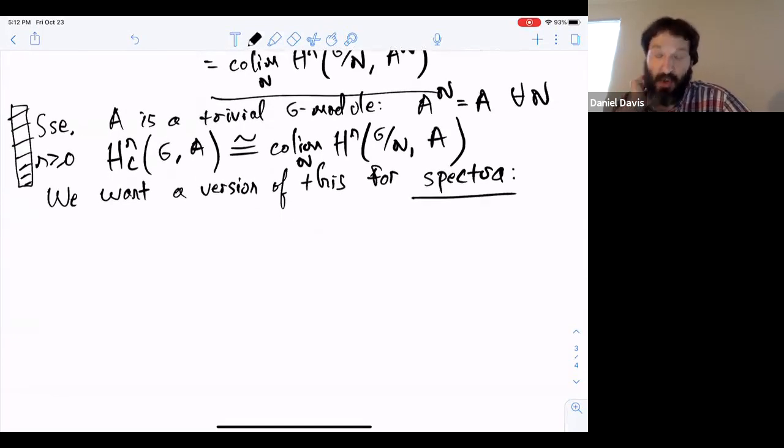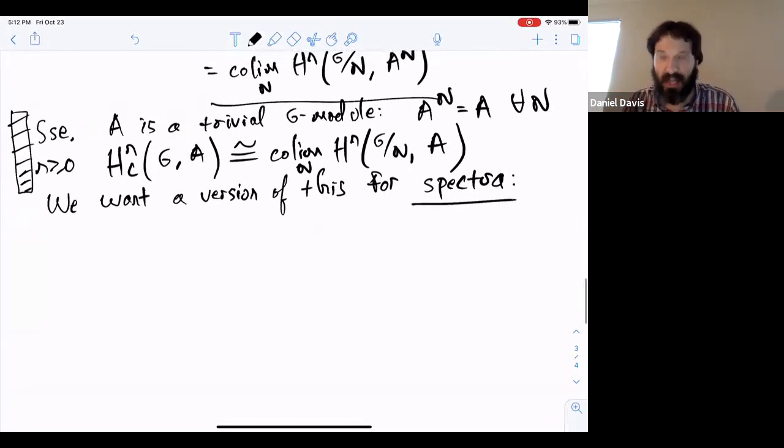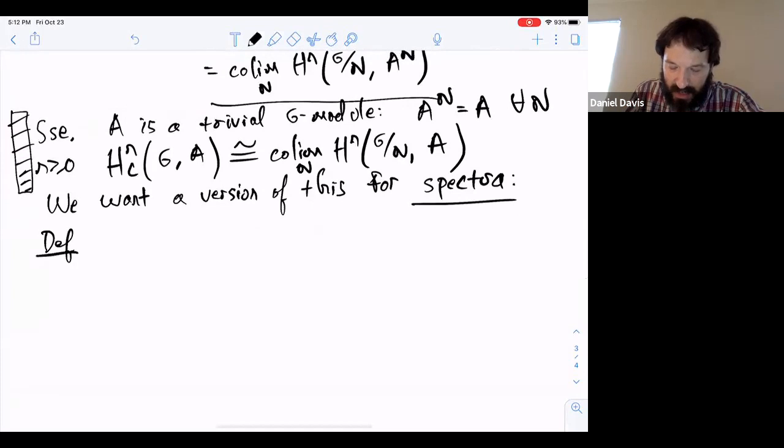We still have our profinite group G, and we want an analog of the concept of discrete G module in the setting of spectra, and here is that analog.